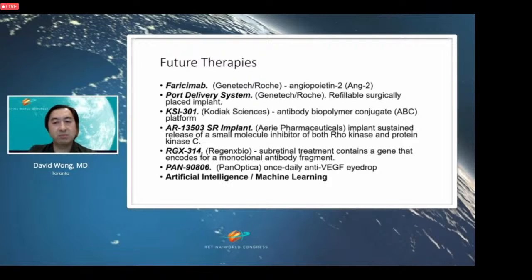There's also the implant sustained release of a small molecule inhibitor, and RegenxBio is doing subretinal treatment of a gene that can encode for a monoclonal antibody. And there's the anti-VEGF eye drop once daily from Panoptica. And of course, artificial intelligence or machine learning throughout this whole thing will be important in our managing and looking at this disease, not only in detecting, but potentially finding other targets and ways to deal with this problem.